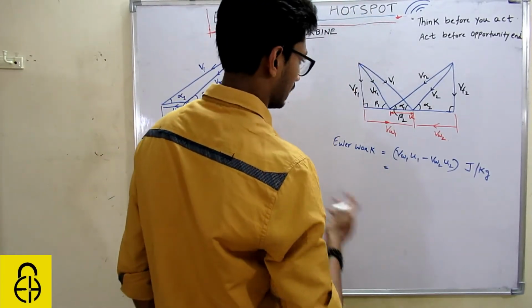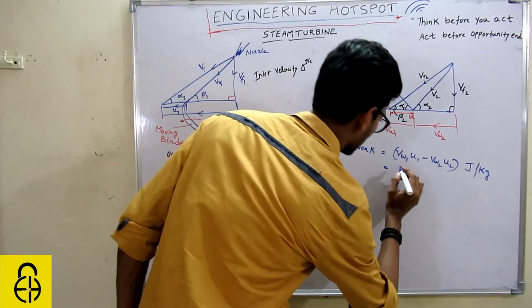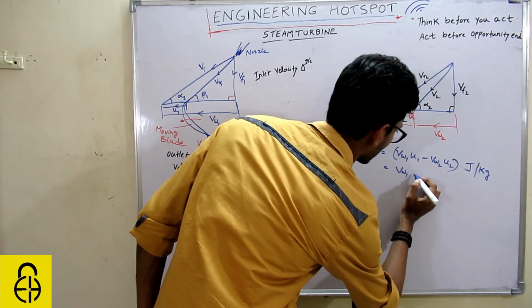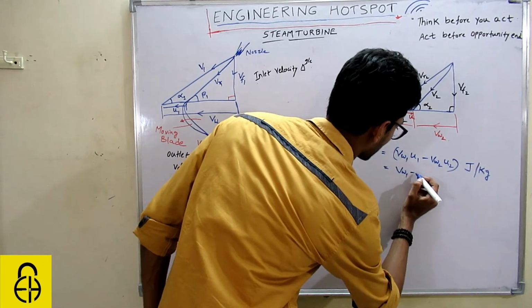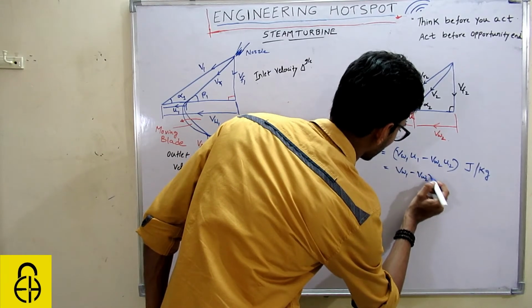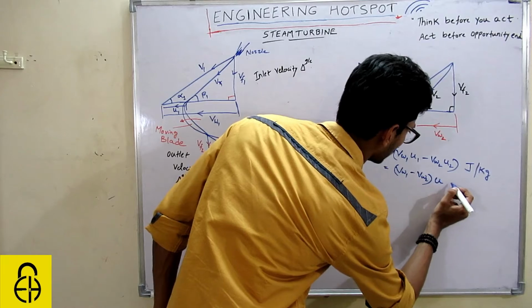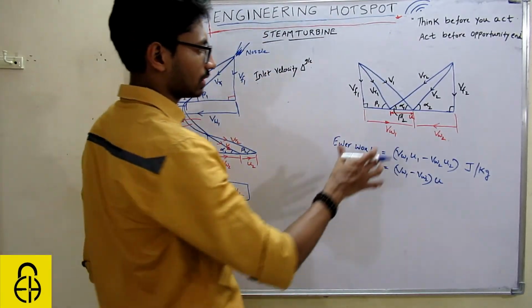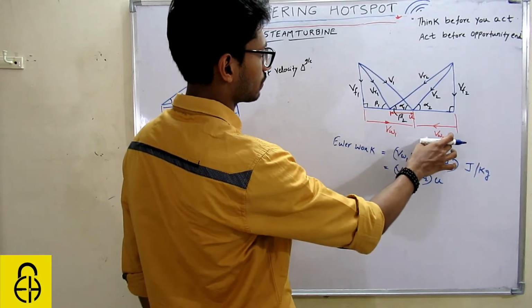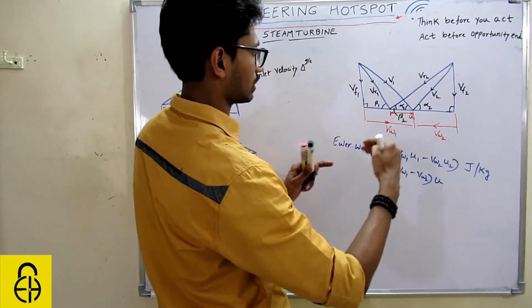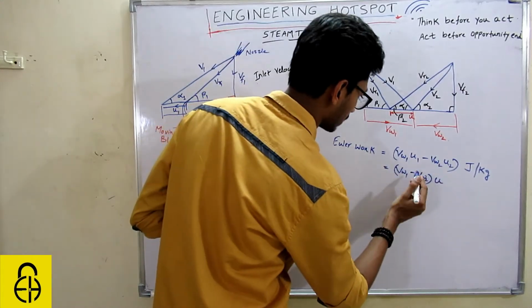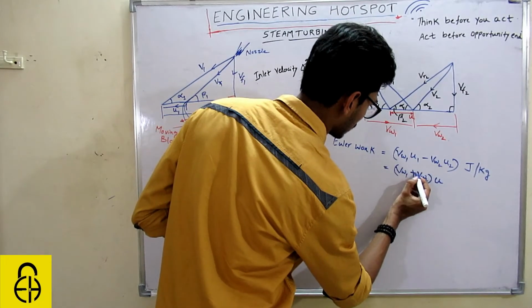In this current situation, U1 and U2 are equal. So VW1 minus VW2 into U. But VW1 and VW2 are in opposite sense, so this VW2 will be negative, and minus negative will be positive.